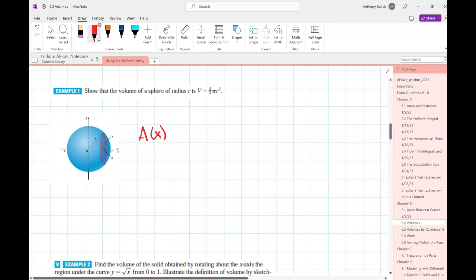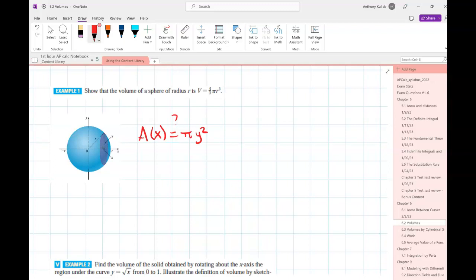But we want this to be A of x. So how can I rewrite y in terms of x? What other shape do you notice is drawn into the picture here? A right triangle, right?